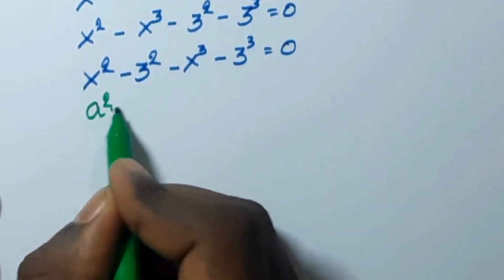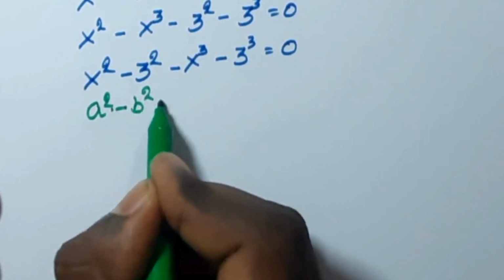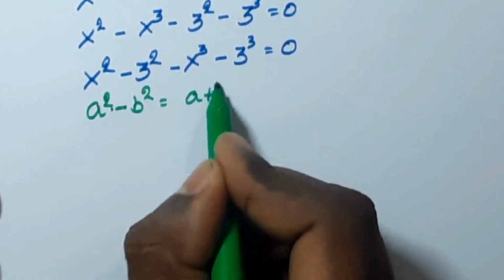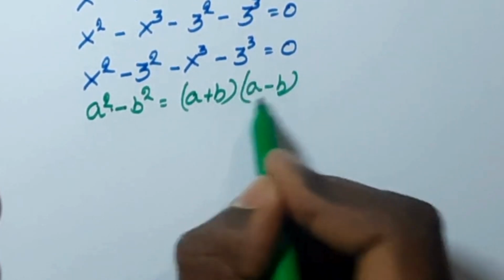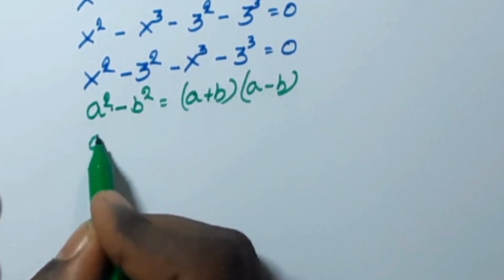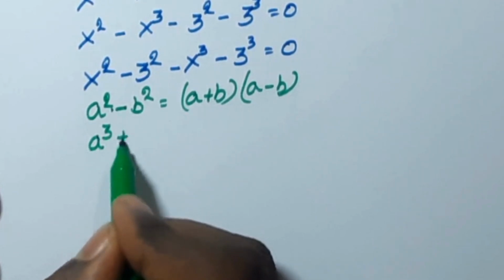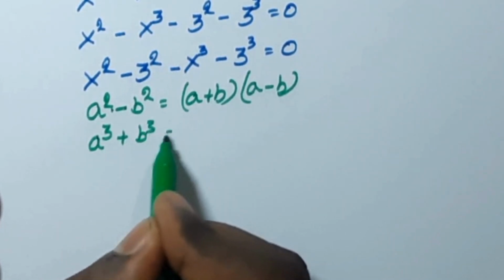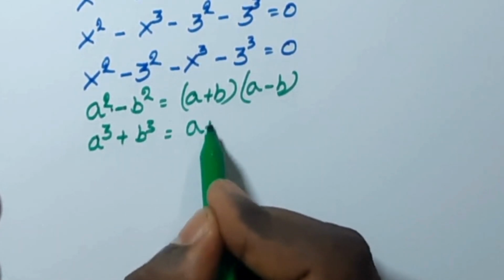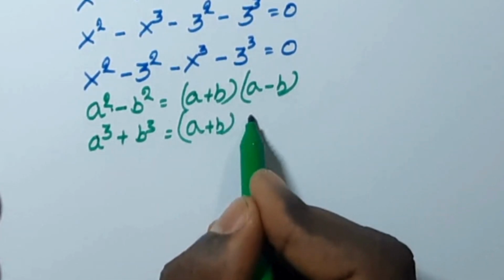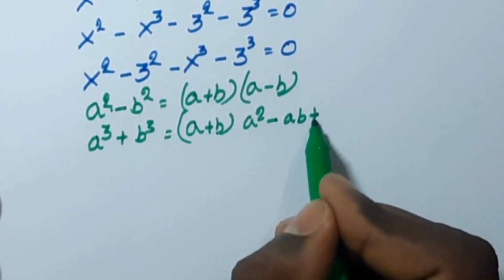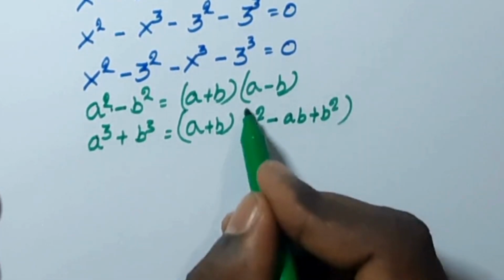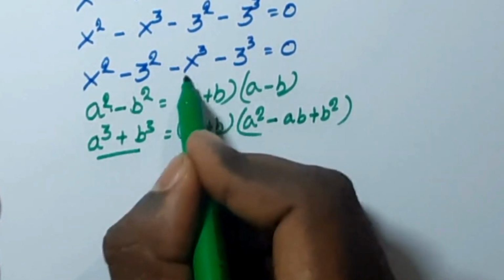a square minus b square equals a plus b, a minus b. Here a cube plus b cube equals a plus b, a square minus ab plus b square. This formula we are going to apply here.